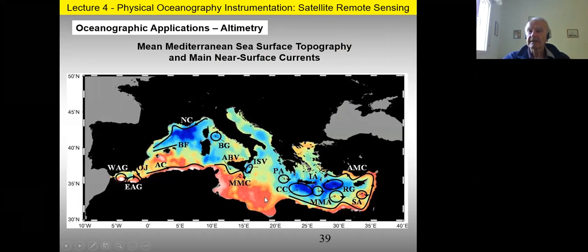Here is the combination of the mean near-surface current and sea surface topography, for a larger period of time, with the geostrophic current pattern superimposed. The reddish area here is higher sea level than the bluish area here.